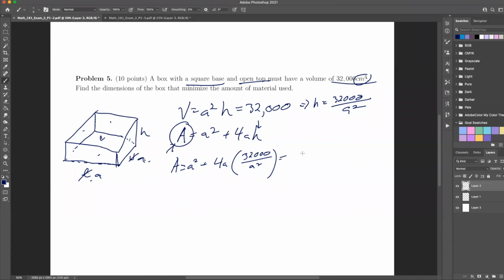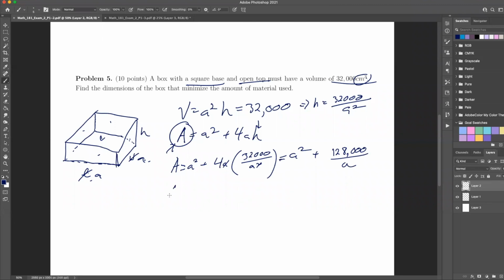We'll simplify that. So that'd be A squared plus one of these A's cancel one of those A's. 4 times 32 should give me 128,000. Yeah, that seems right. Over A.